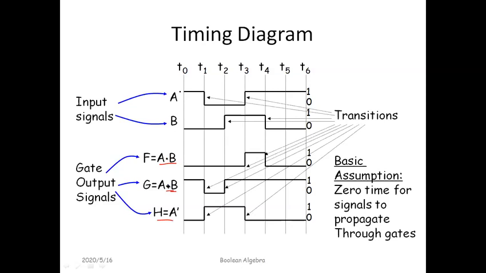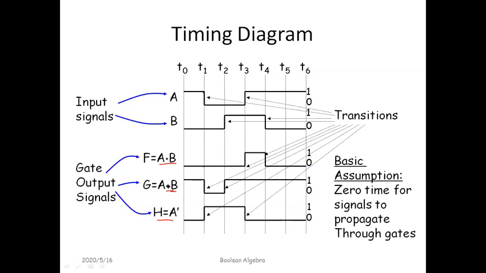So let's look at the input signals. Signal A is high from 0 to 1, whereas signal B is low from 0 to 1. So we don't expect F to be high. F is low here, up to 1.